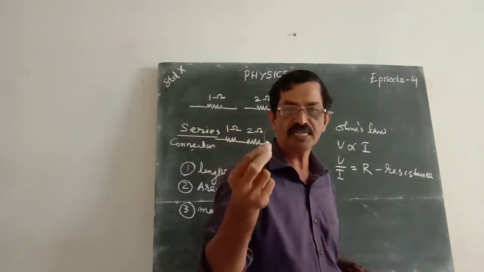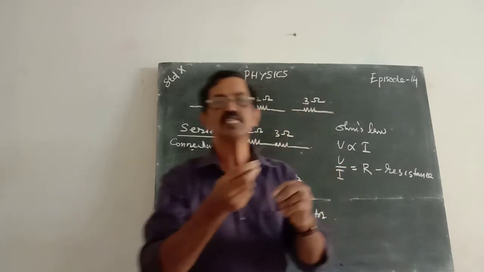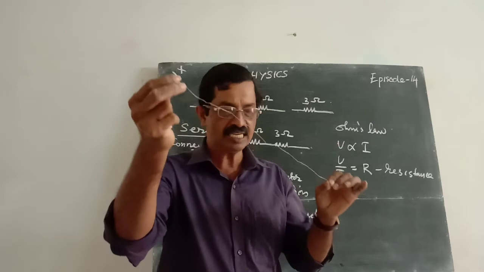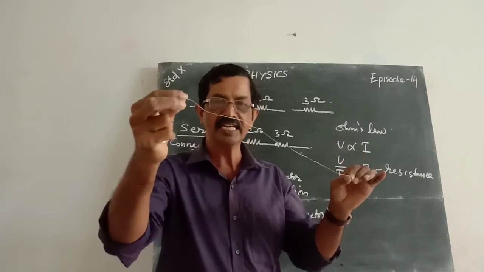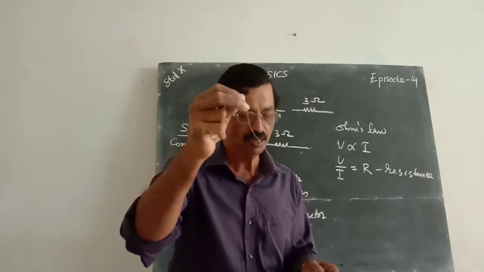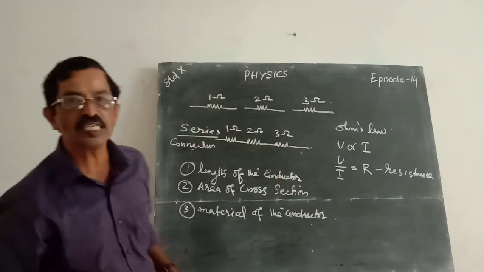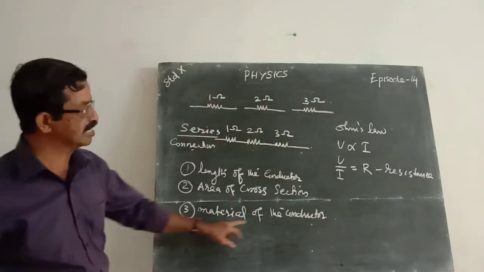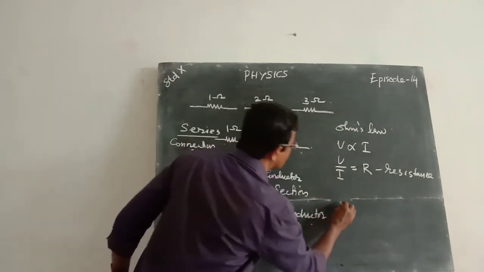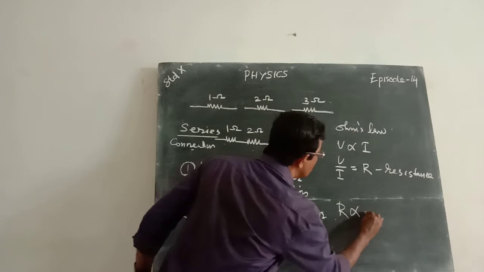If we use, instead of this nichrome wire, a copper wire of this length and this thickness, then its resistance will not be the same as that of this one. Okay, so resistance changes with the material also.